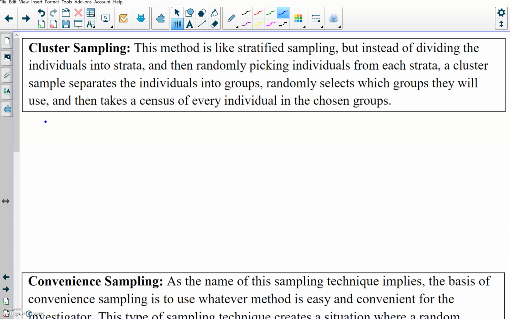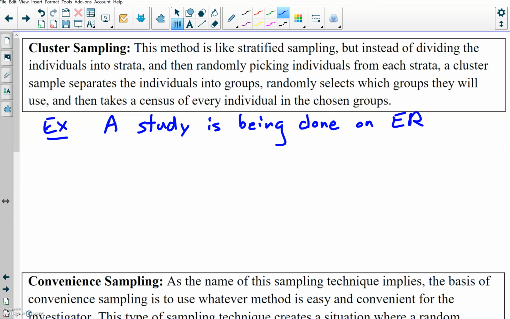So for example here, a study is being done on ER doctors. Each hospital in the city is treated as a cluster.